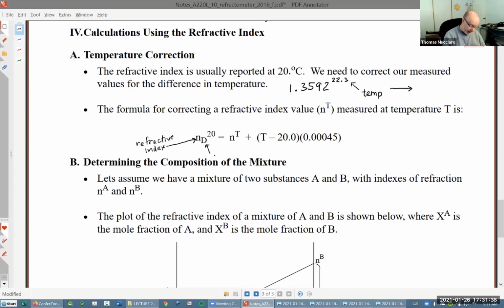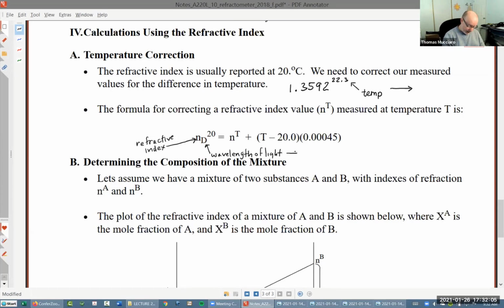Now, this d is the wavelength of light. Because it turns out that light at different wavelengths bends a different amount. Okay? And so in order to get a repeatable thing, we have to always use the same wavelength.